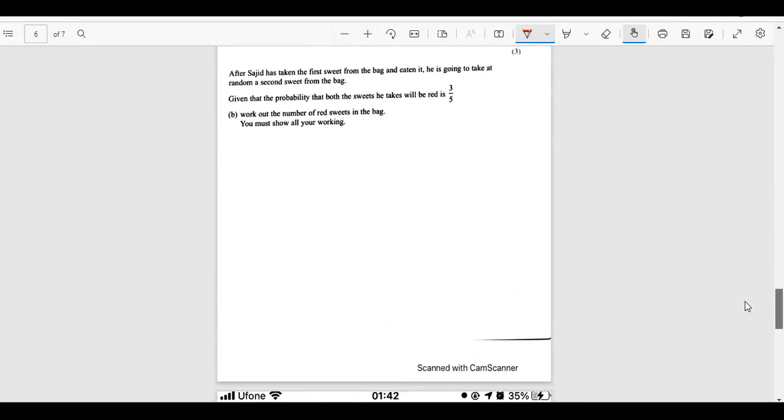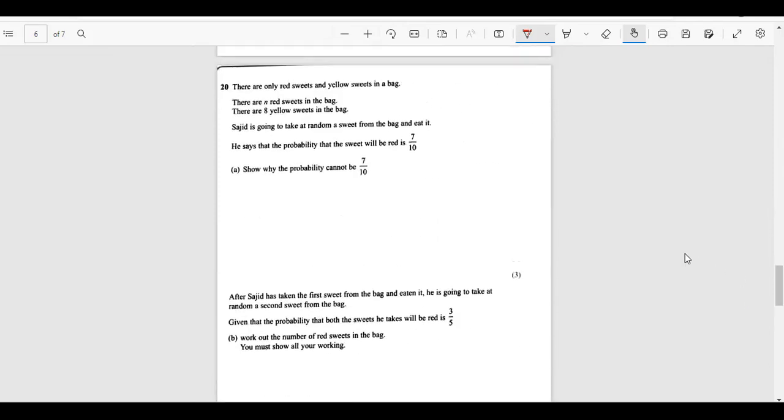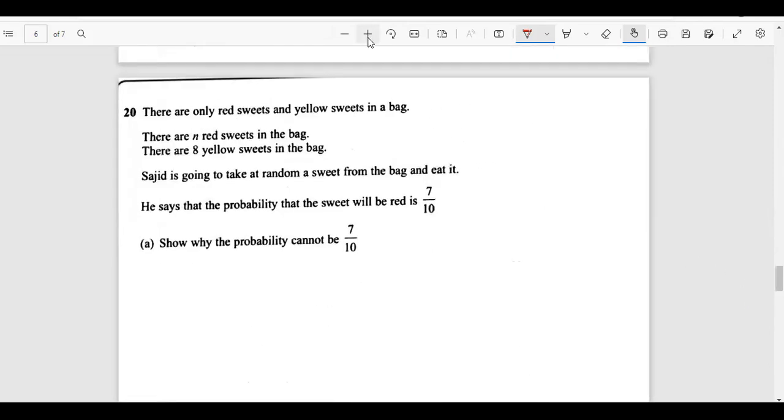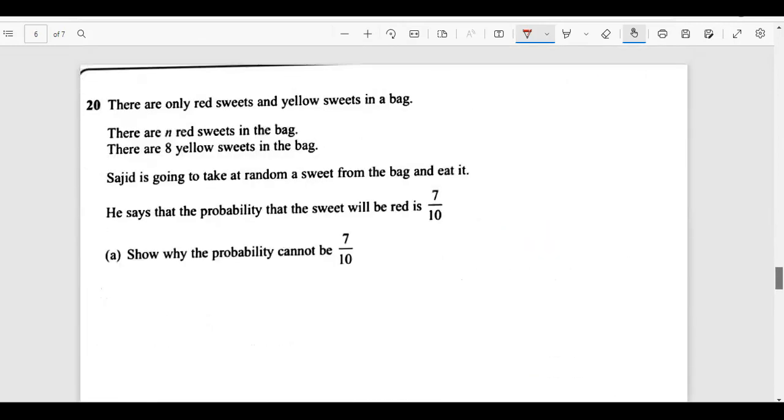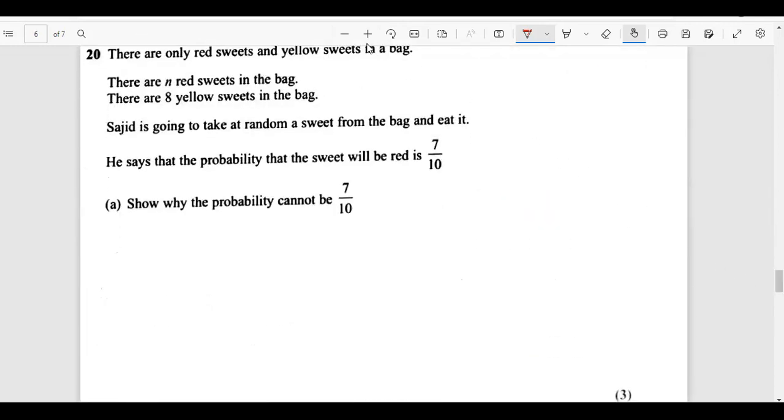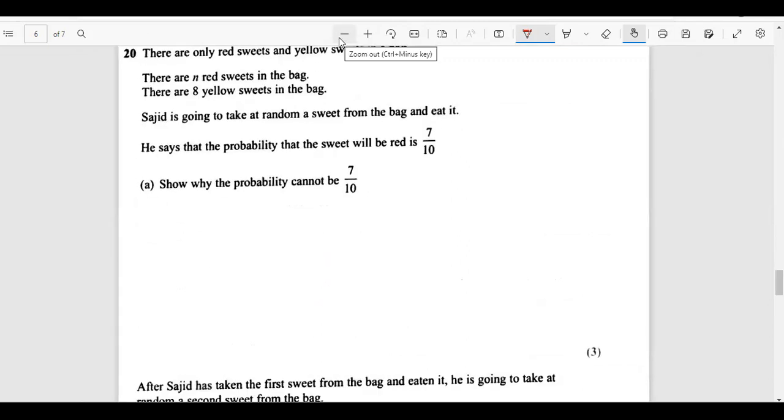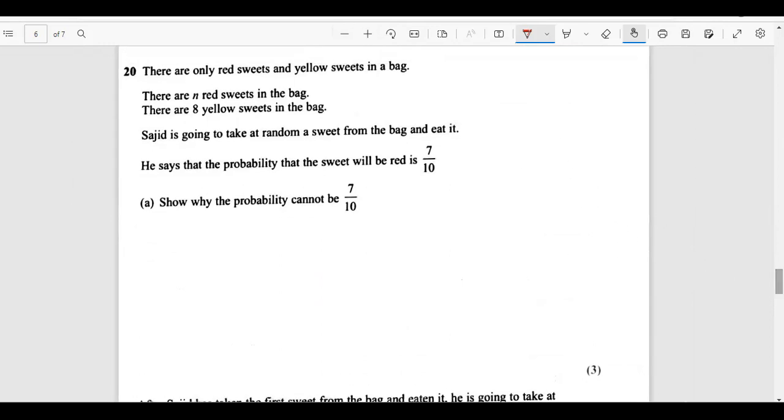So we have two questions and we can try doing both of them. Now this part is for 3 marks. I'm telling you because you need to write down all the working. It says there are only red sweets and yellow sweets in a bag.